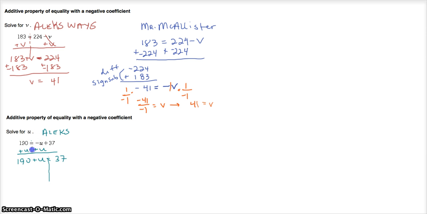I should have broken it in half up here, but we'll break it in half again. So we have to subtract 190 from both sides. So let's rewrite this as negative 190. And this is positive 37.